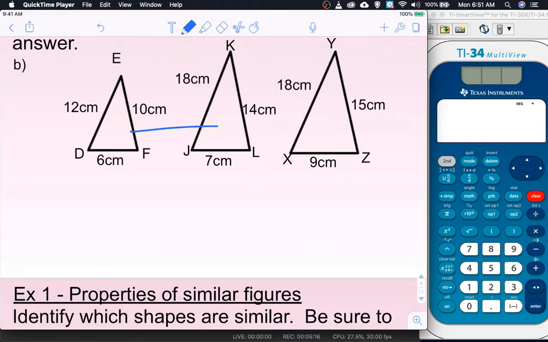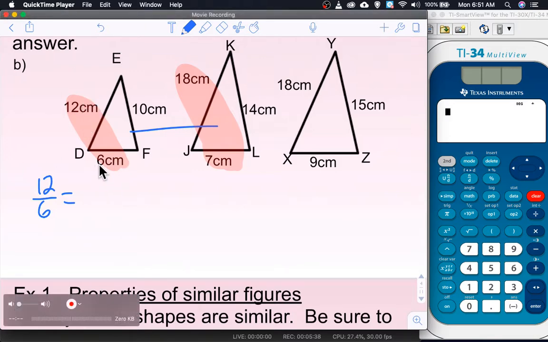The proportion I like to set up is this ratio compared with this ratio. Do you see how I'm picking the same two sides on both figures? That's kind of important. So I do 12 over 6 equals 18 over 7.